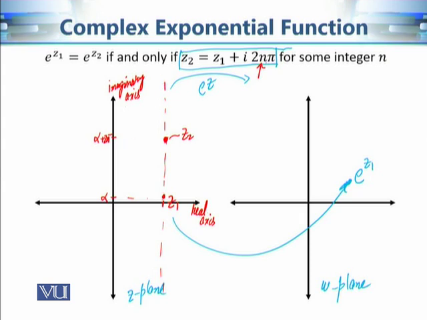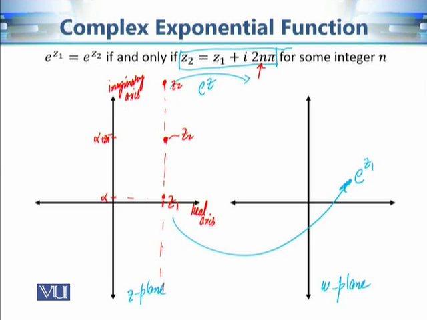If n is equal to 2, then it can be at a distance of 4π, so it can be this one as well. So for all of these z2s that differ from z1 by 2nπ, their imaginary parts differ by 2nπ, so all of these are going to be mapped onto the same number.